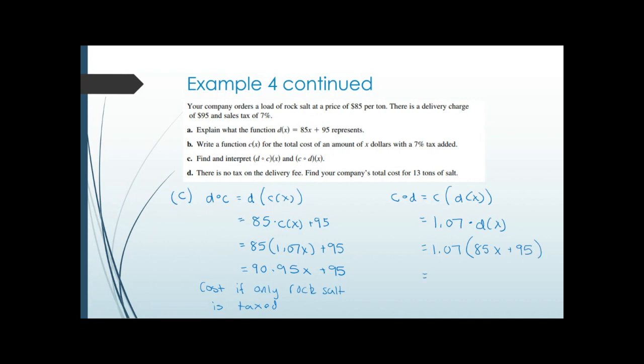So you multiply that out, you get 90.95x plus 1.07 times 95, 101.65. So the difference here, we're still taxing the $85 for the rock salt, $85 per ton, but we are also taxing the delivery charge. So this is the cost if the delivery fee is also taxed.